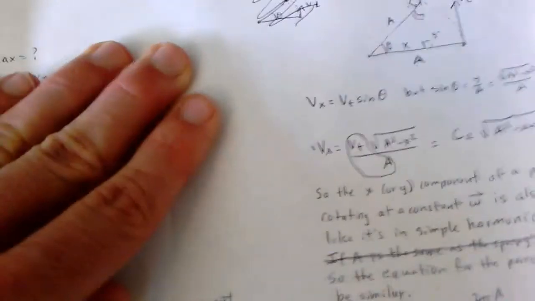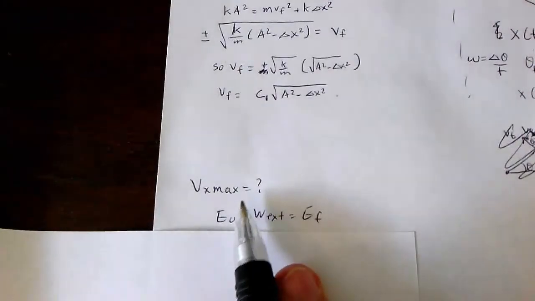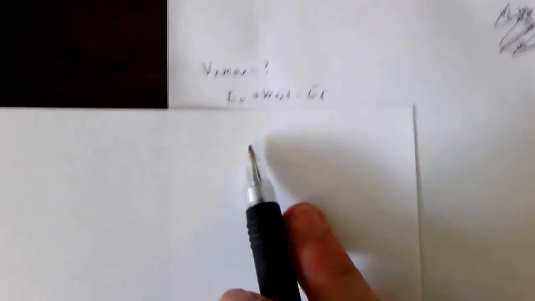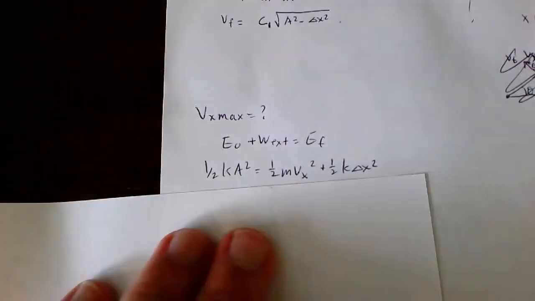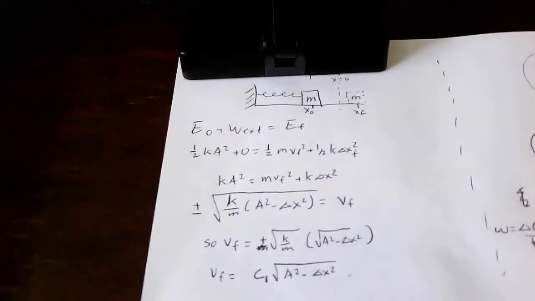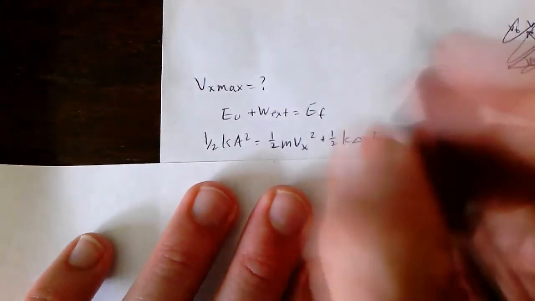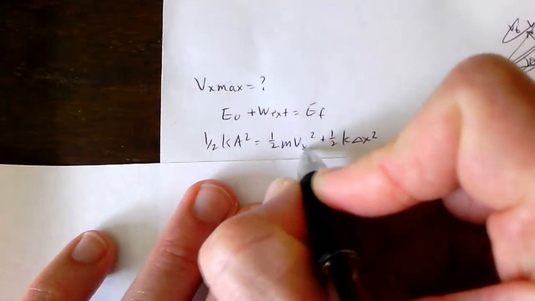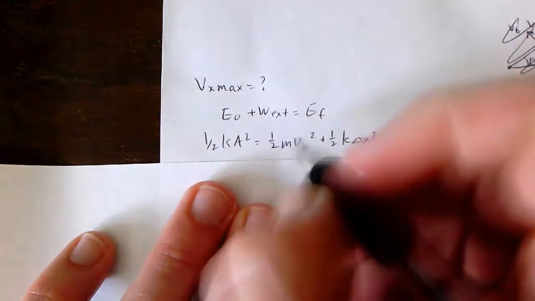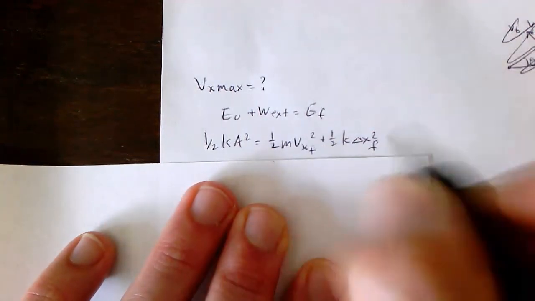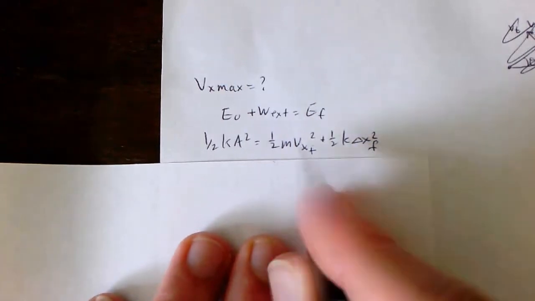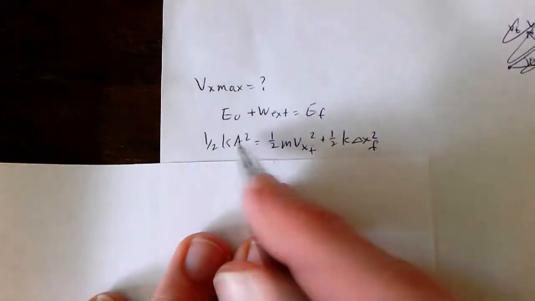Okay, so let's go back over here. What's Vx max? Well, if we use the energy equation, looking at this picture, the total energy is 1/2 k a squared. And at any given moment, the object is only moving in x, so the kinetic energy plus the spring potential energy will make the total energy.